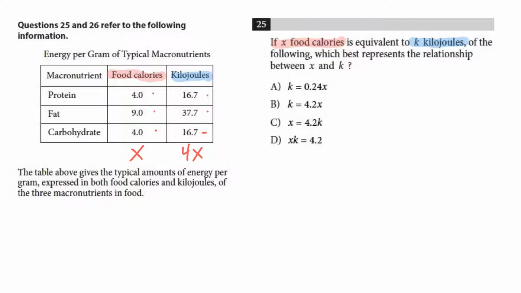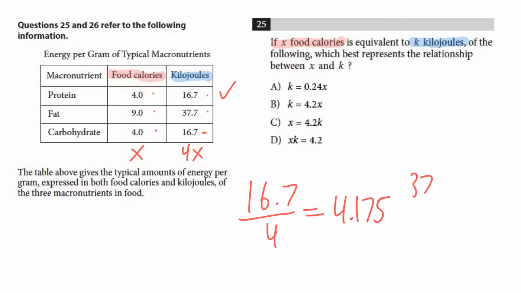So if we had 16.7, 16, oops, 16, let's erase that, 16.7, and we want to divide that by 4, that could give us our constant here. So let's see, 16.7 divided by 4, well, that's going to be 4.175. That's the first one. The second one is 37.7 divided by 9.